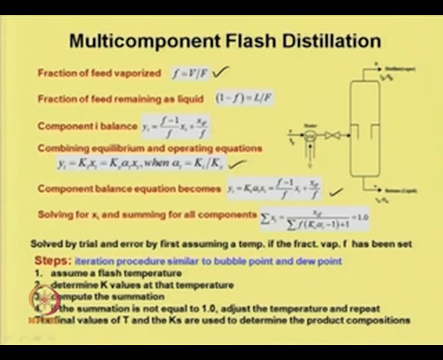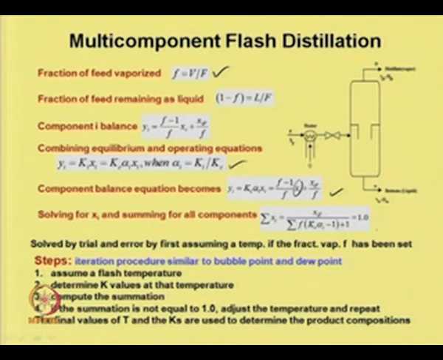And if we solve for xi and sum for all components, the summation over xi would be equal to xif divided by f(kc alpha i minus 1) plus 1, which equals 1.